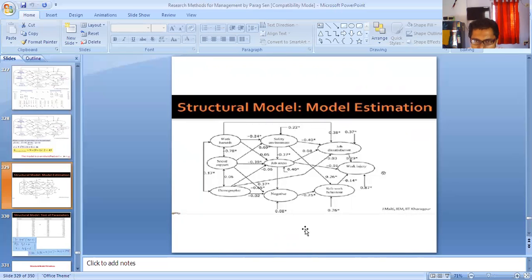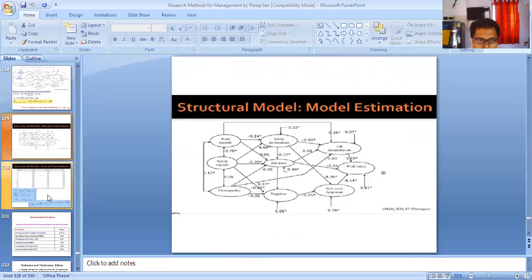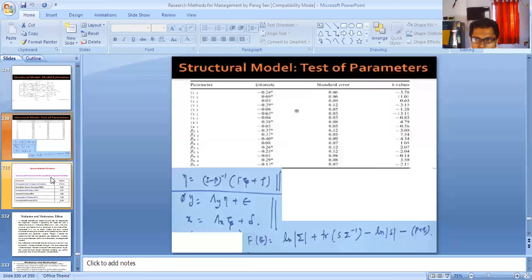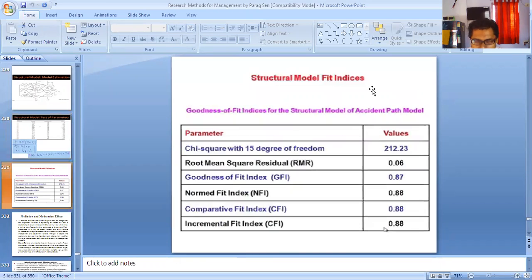Similarly, the parameters will be estimated, that means the path coefficients will be estimated. Then you need to again check the fitness of the model, just like the measurement model. Again, you need to check the fit indices for the structural model.